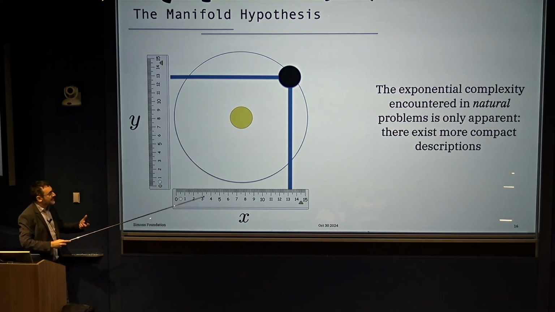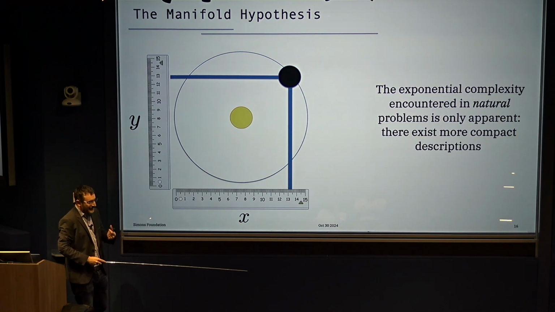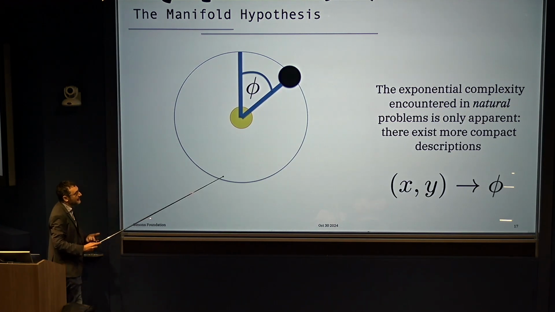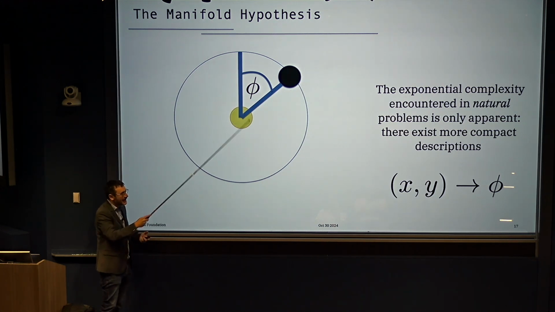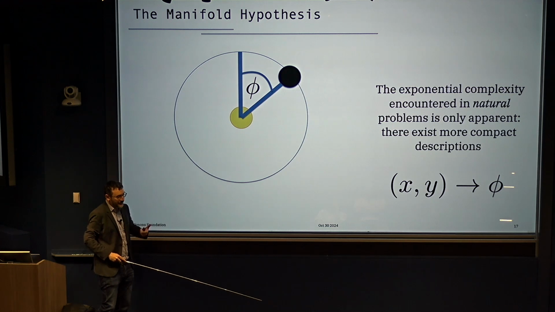But since this phenomenon has some regularity to it, it's not a random object rotating around another one, we know that actually we don't need two variables to describe its motion, but only one is enough. This angle phi will describe essentially at all times what the orbit of this planet is.